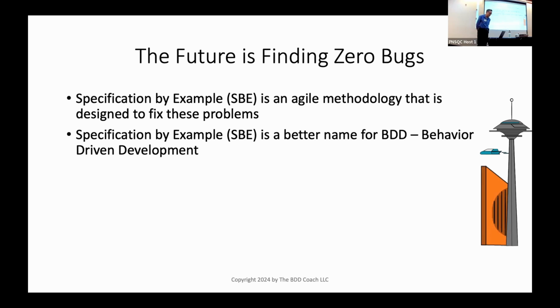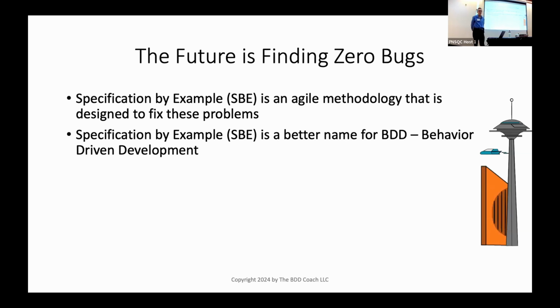Behavior-driven development doesn't tell us what we're doing, but whatever it is we're doing, it's the developers doing it. Specification by example says that we are writing requirements that include examples. And that is where this methodology begins. And with it, we really truly can find 0 bugs in QA.